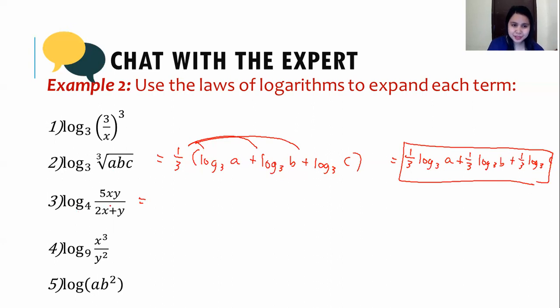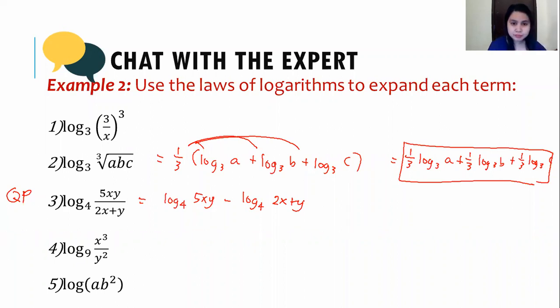Here, there is a division. So quotient first before products, okay? So we have log base 4 of 5xy minus log base 4 of 2x plus y. If you check, wait first, did I make something wrong?